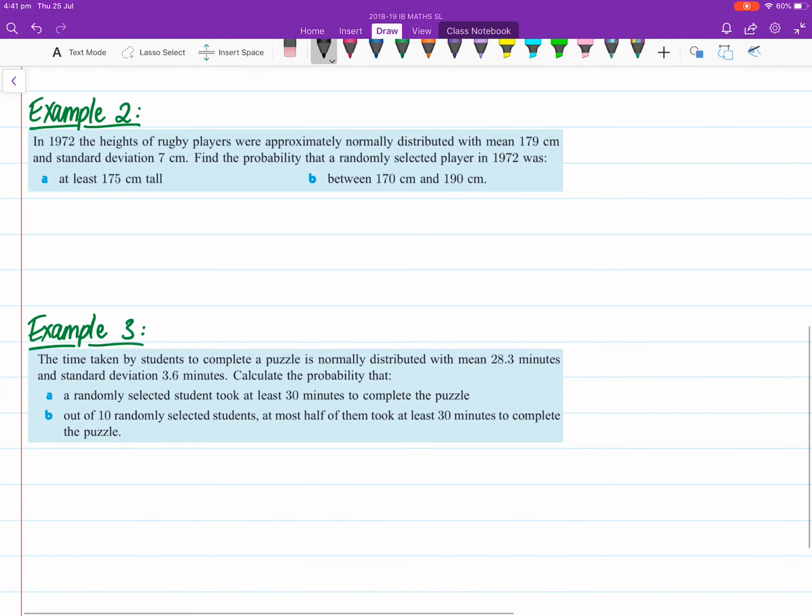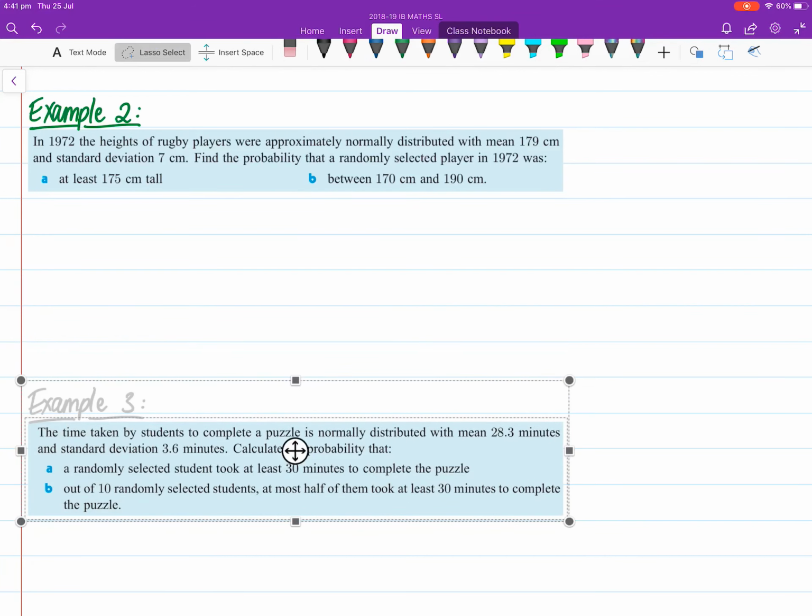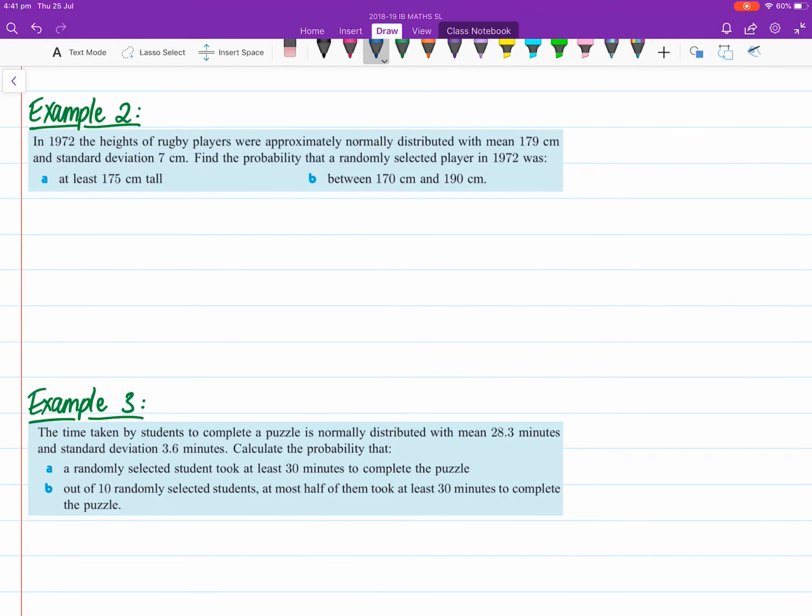Let's do example 2. It says, in 1972, the heights of rugby players were approximately normally distributed with a mean of 179 centimetres and standard deviation of 7 centimetres. Find the probability that a randomly selected player in 1972 was at least 175 centimetres tall and then between 170 and 190.